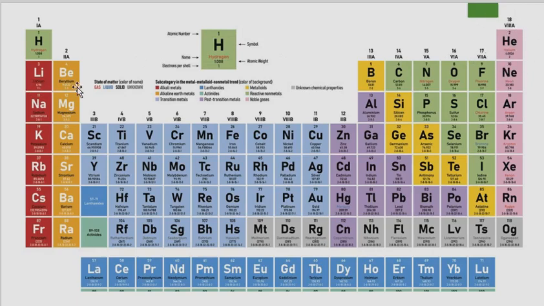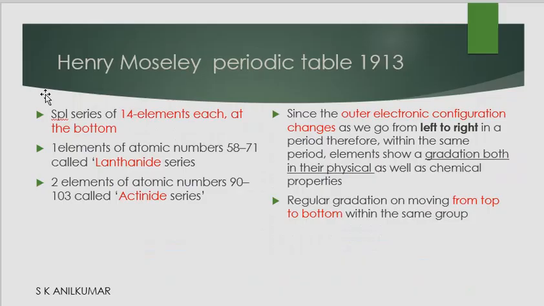Likewise, lithium, beryllium, boron, carbon, nitrogen, oxygen, fluorine. What is special about this row? In this row, the number of electrons keeps growing. As we go down, the number of shells keeps growing. Lithium, sodium, calcium. This is what we saw in Mendeleev's table and Döbereiner's table.